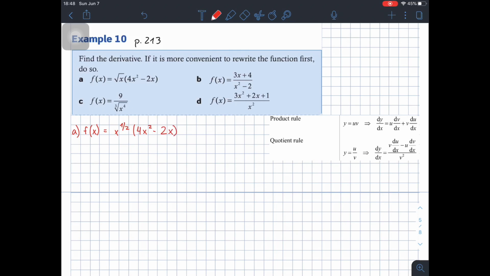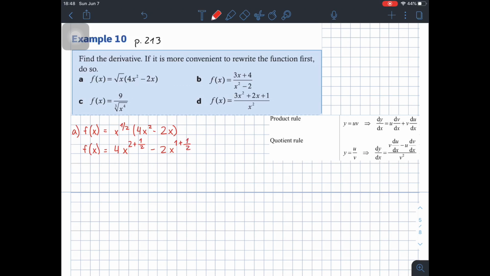Okay, and then if we distribute the x to 1/2 to each of the terms, we're going to get the following. We're going to have f of x equals, in the first case, this times this would give us 4x to the power of 2 plus 1/2. Remember, we add the exponents, minus 2 times x to the power of 1 plus 1/2. Right? We're adding the exponents.